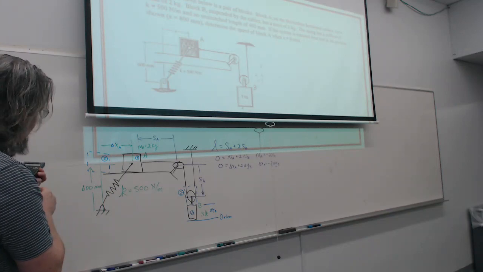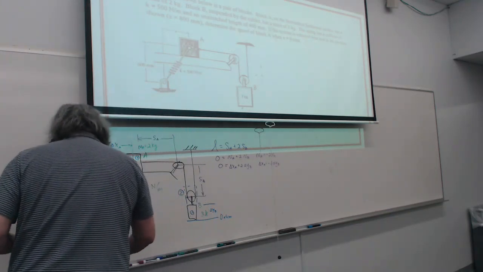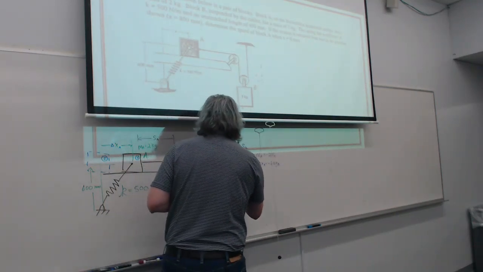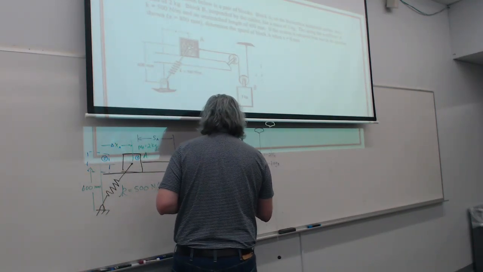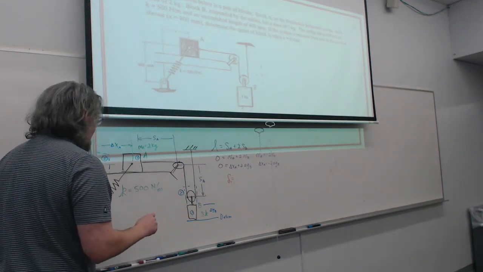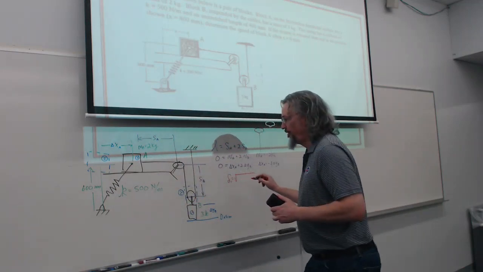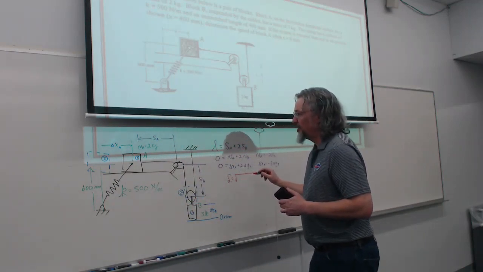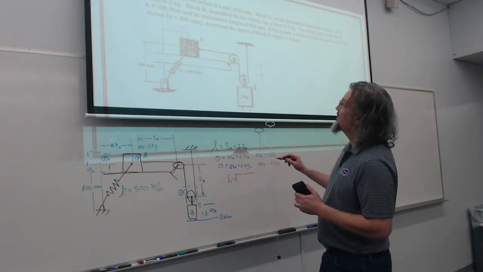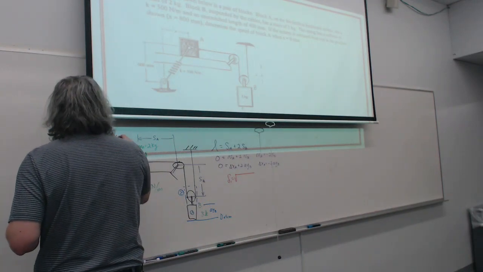Another thing we might want to take care of right away is, because we see a spring, we know that we're going to need the amount of stretch. So at state 1, we're going to have the square root of... what did we say that? Oh, that was 800, right? 800 millimeters.